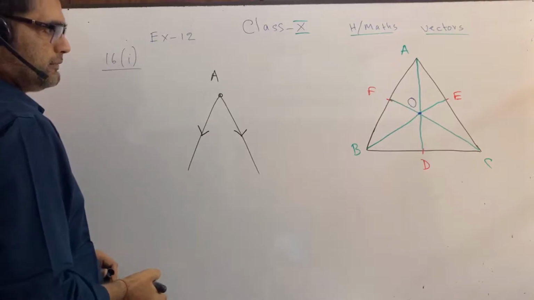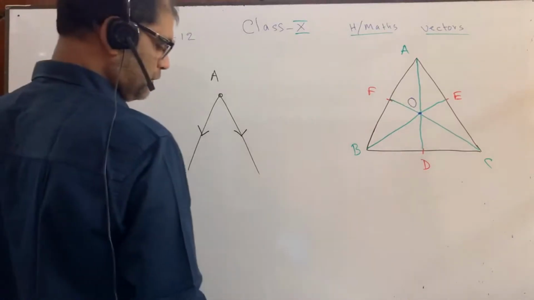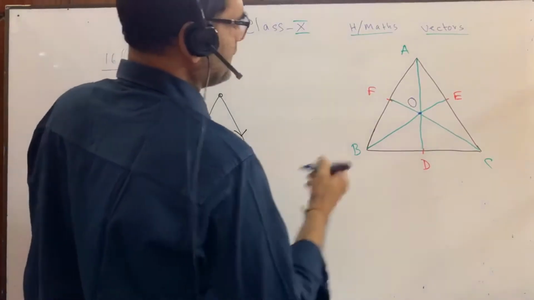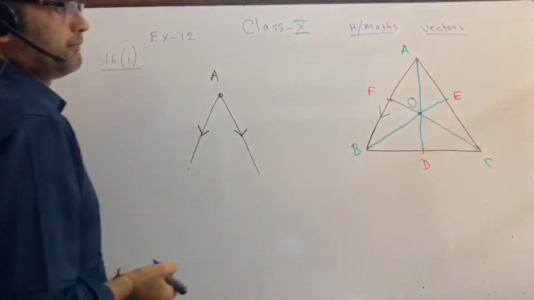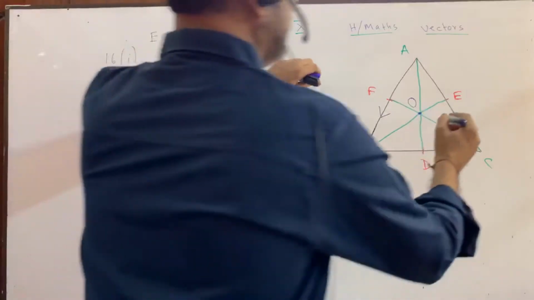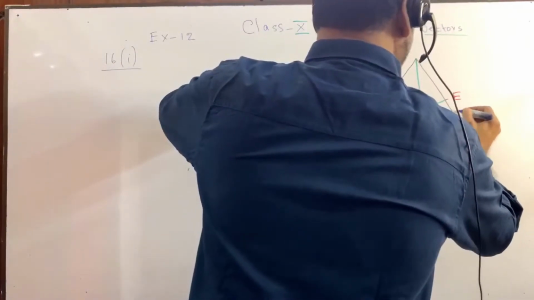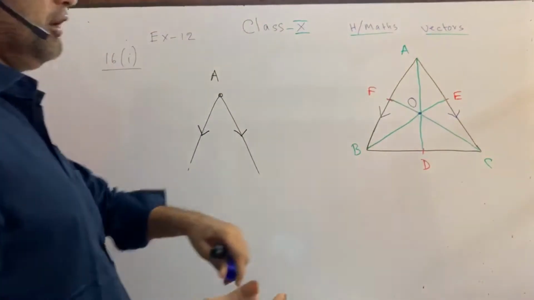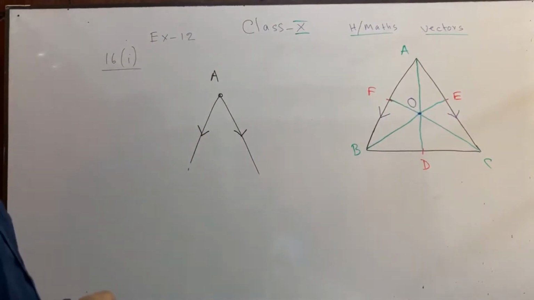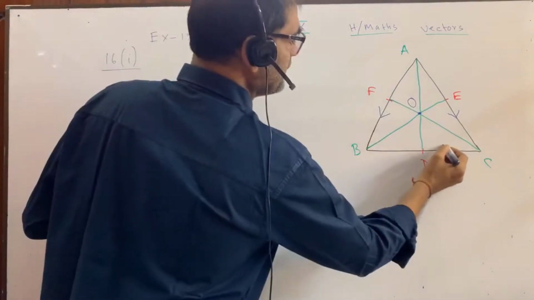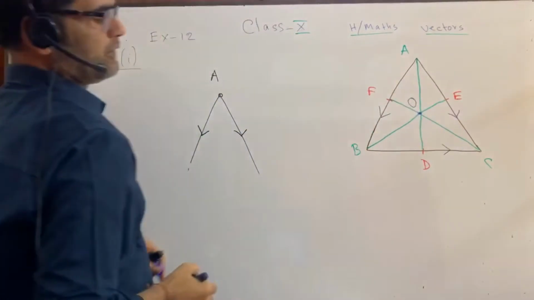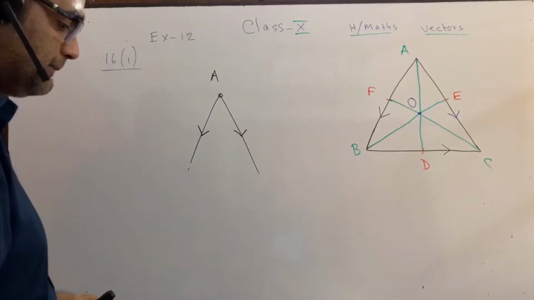I am going to give the vector sign from A to B, then from A to C. Now you can give from B to C or C to B, but we are habituated to give the vector sign from B to C in this way. I have given the vector sign, right?